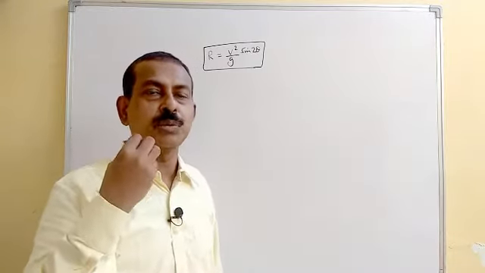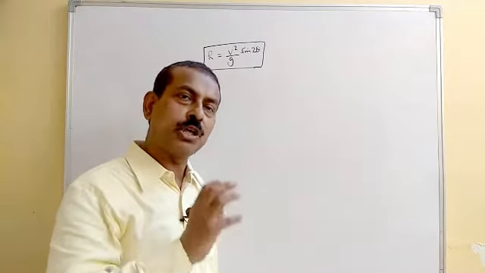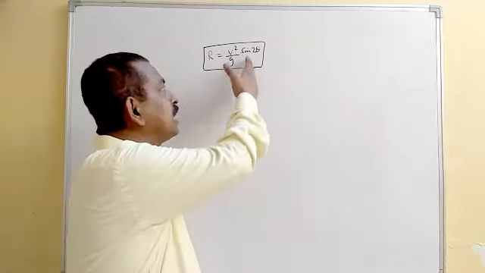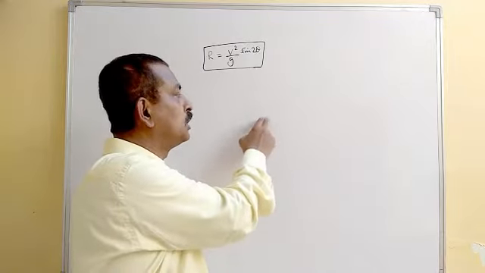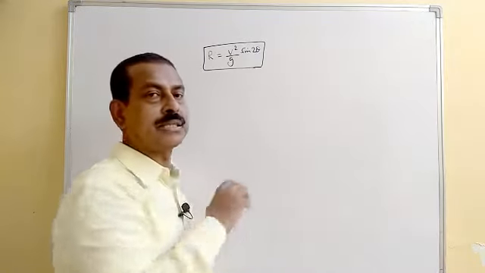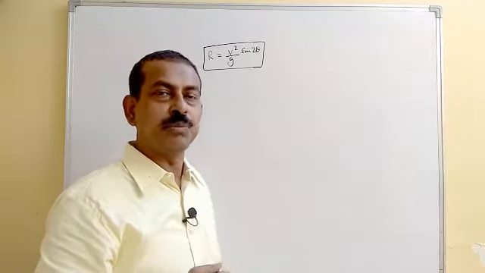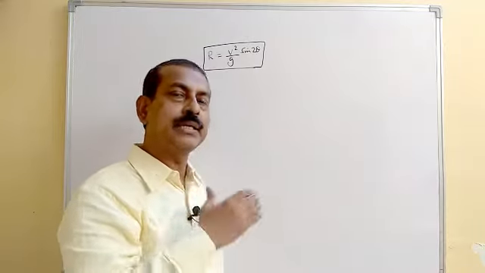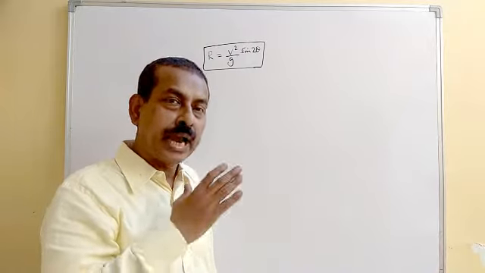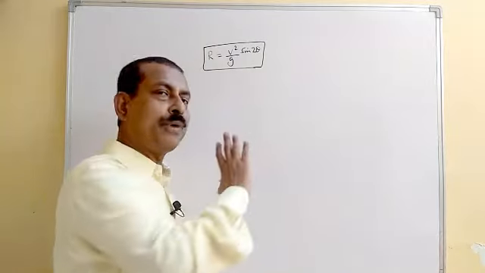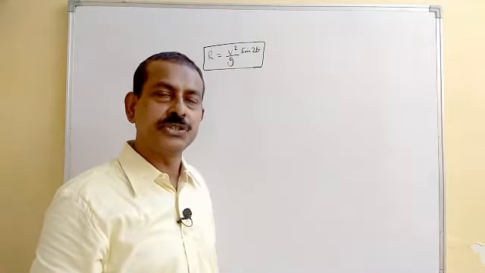If you consider a 10 degree angle of projection and a 20 degree angle of projection for a given velocity, the range will be more for 20 degree, because in one case it is sine 2 into 10 and in the other it is sine 2 into 20. Similarly, 30 degree will have more range than 20 degree.